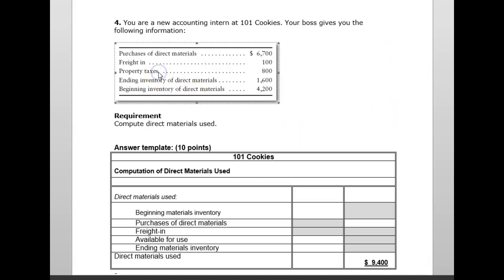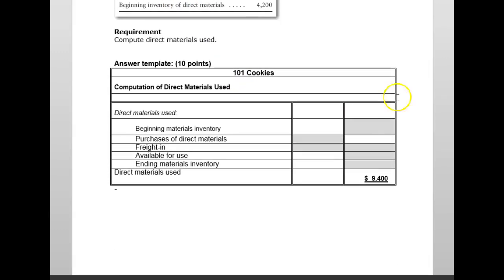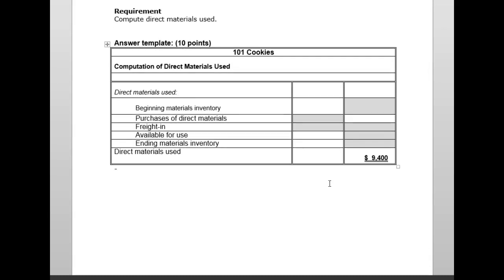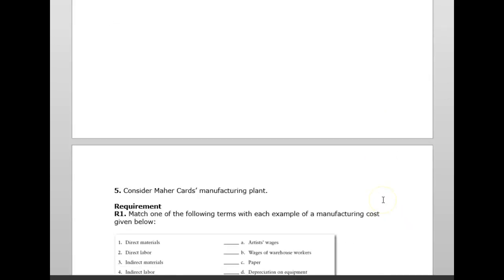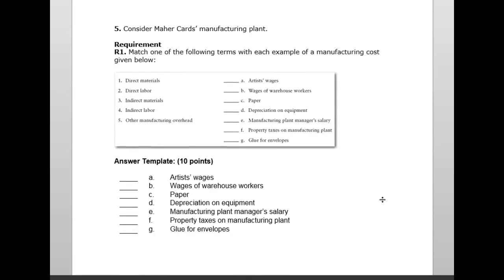Property taxes, that probably isn't part of direct materials, but the ending inventory and the beginning inventory you're going to need down here for that calculation. So you're going to plug those numbers in. You should end up with $9,400 worth of direct materials used. Again, you start with beginning, what's added, and subtract out the ending inventories. It's a common calculation used.